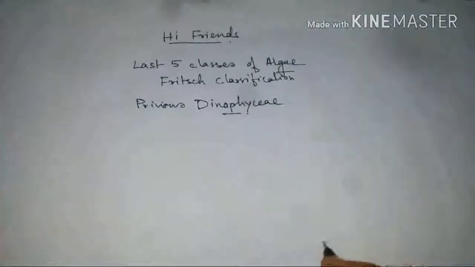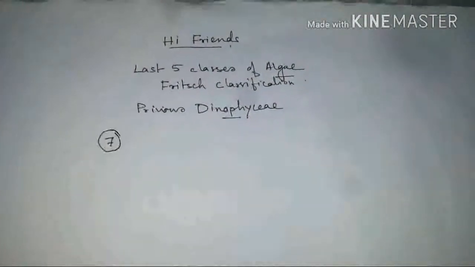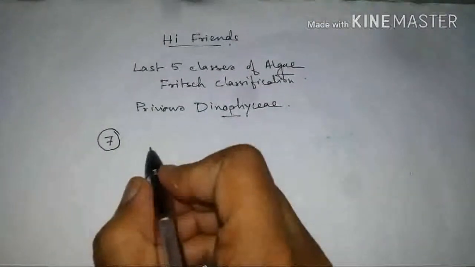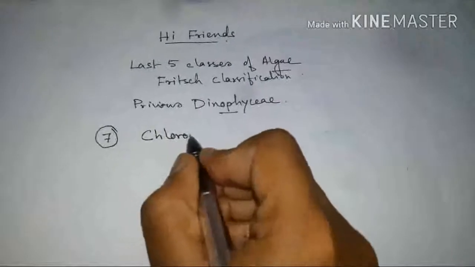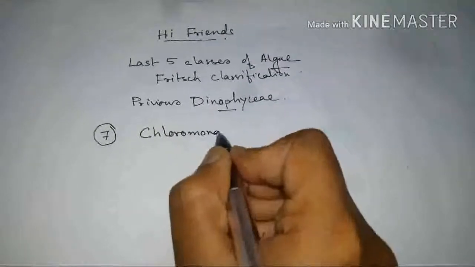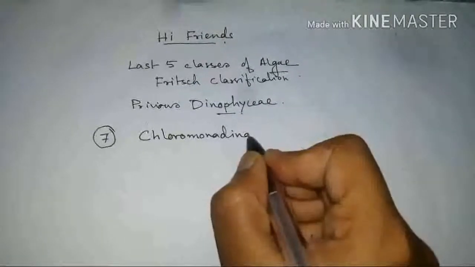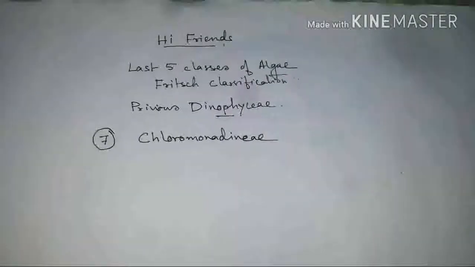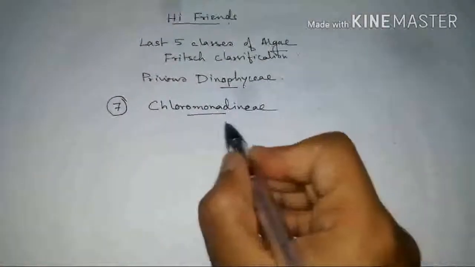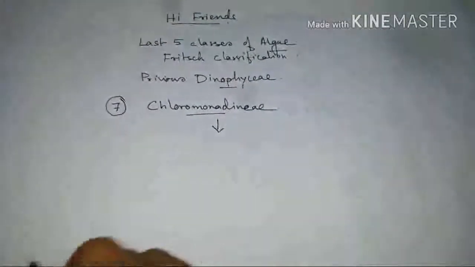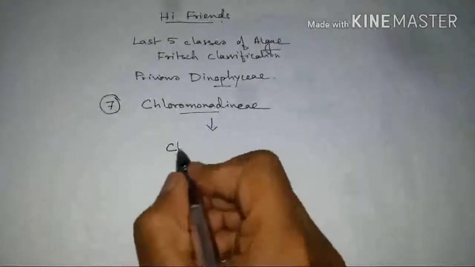Now the next, 7th class is Chloromonadini. In this class, only one order is present, which is Chloromonadinalis.